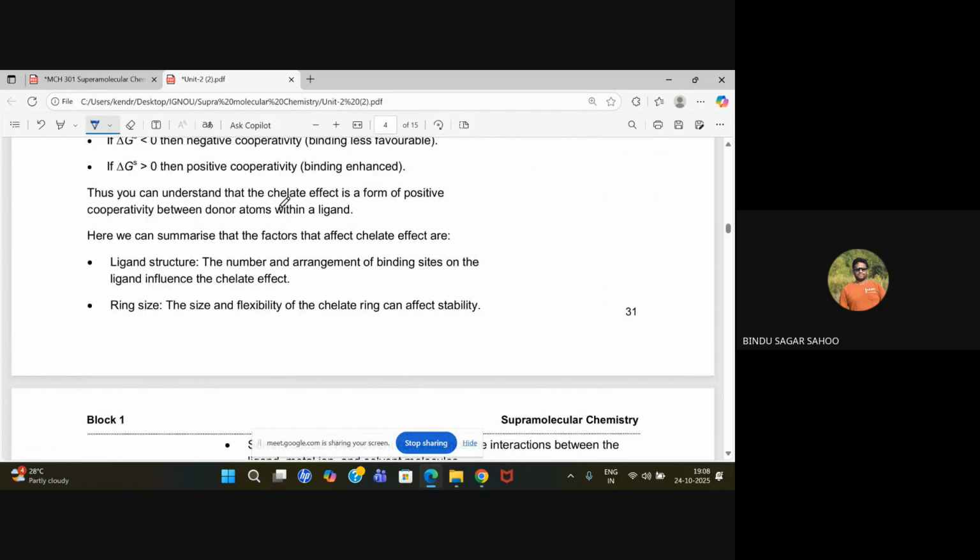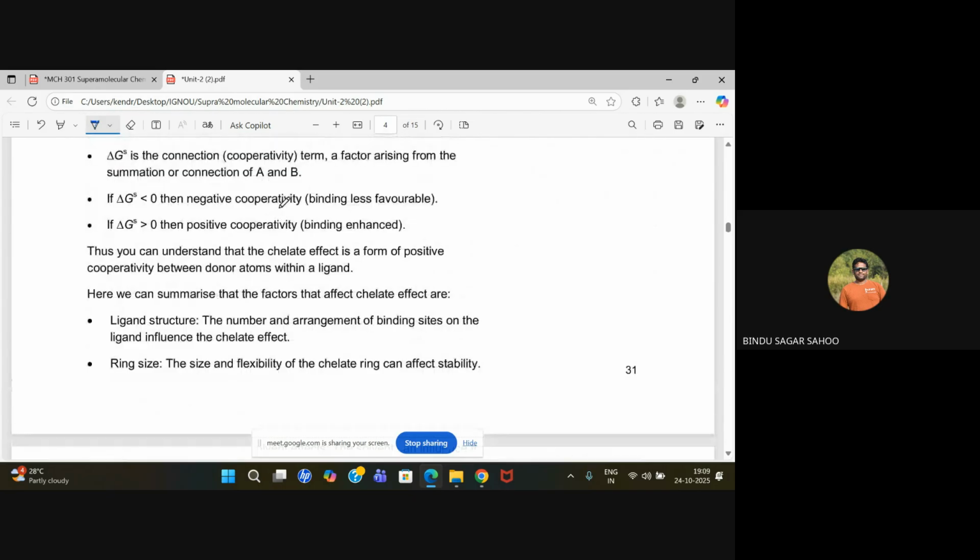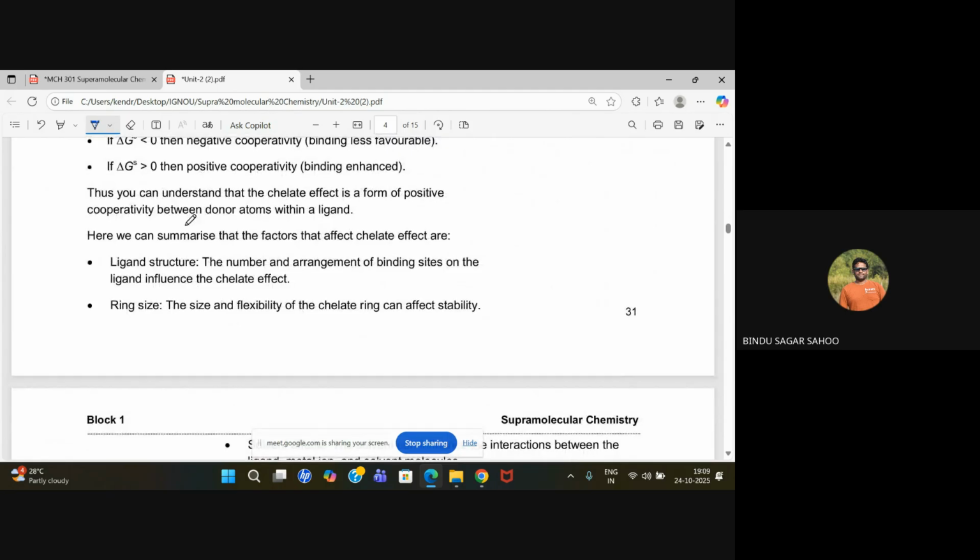So we can summarize all the things, particularly what are the factors that affect the chelate effect. One of the factors is ligand structure. Ligand structure has the biggest role in the formation of a chelate effect. If you are taking a monodentate ligand, it can never form a chelate complex. So you need to take a bidentate, tridentate, or polydentate ligand.